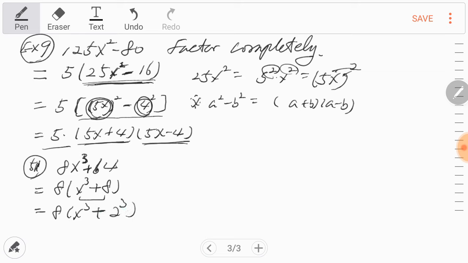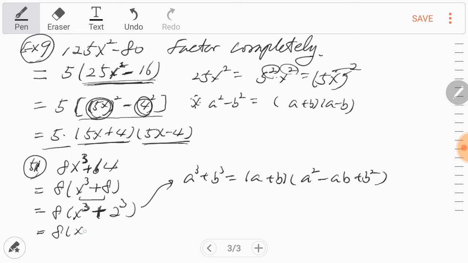So we can apply the sum of cubes formula. The sum of cubes is what? A cubed plus b cubed is a plus b times a squared, change the sign, and then ab plus b squared. Okay, 8 times x plus 2, and then the first part squared, so a squared, change the sign, minus ab, x times 2, so 2x, plus 2 squared. 2 squared is 4. Like this.